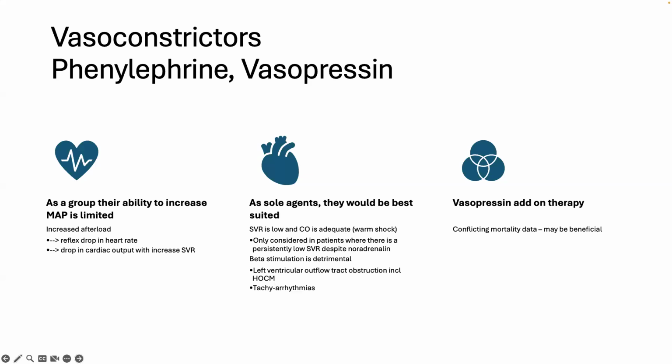We dose it as a baseline infusion, and practically it's a very useful medication. It allows us to use much lower doses of the other drugs. And I think that there certainly is a role for add-on vasopressin therapy in these patients. Once again, unfortunately, the data for vasopressin in that scenario is not great.